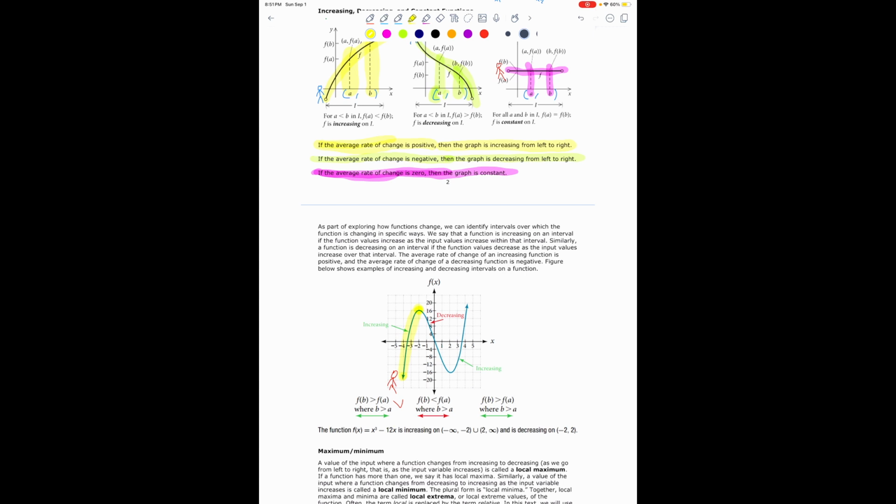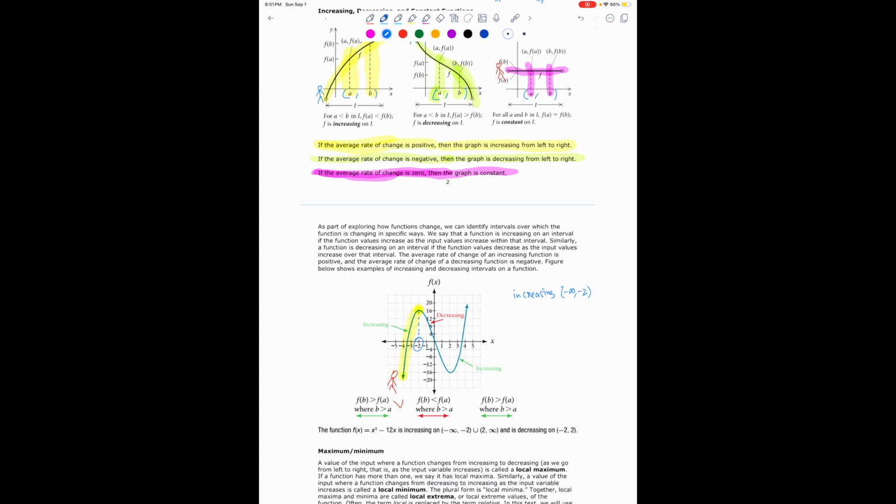So I'm going to stop right here at this point, and I'm going to say the function is increasing over the interval from negative infinity, because it doesn't have a start, all the way to x equals -2.